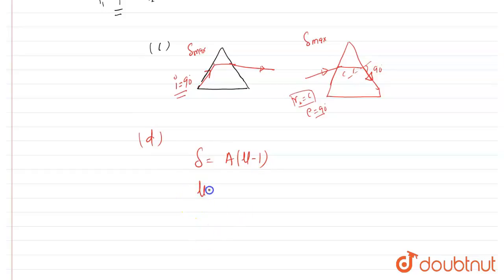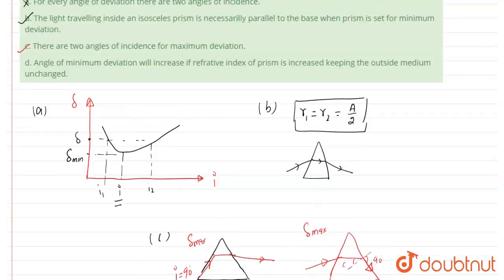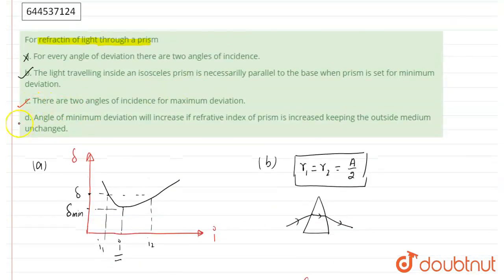So if A is constant and we increase the value of mu, the deviation angle will also increase. So option D is also correct. Options B, C and D are correct.